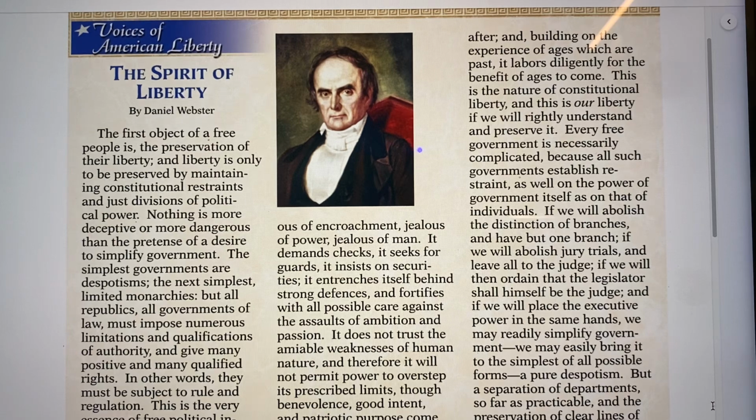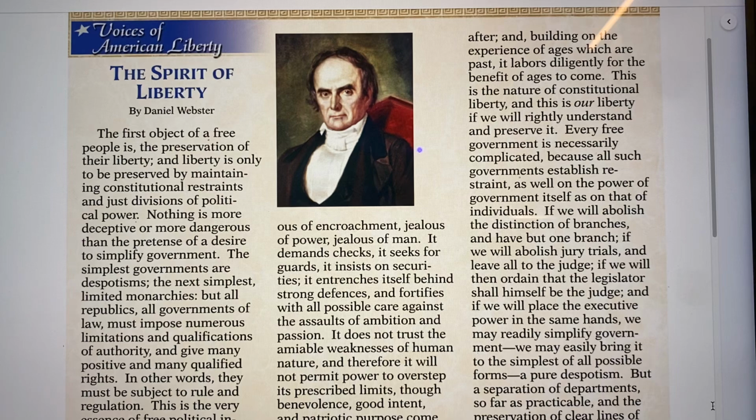He says it's bold and fearless, but it also is a sharp-sighted spirit, cautious and far-sighted. So he's saying the spirit of liberty, yes, is bold and fearless. We can be bold and courageous, yes, but we also have to be sharp-sighted and very cautious in looking to the future.